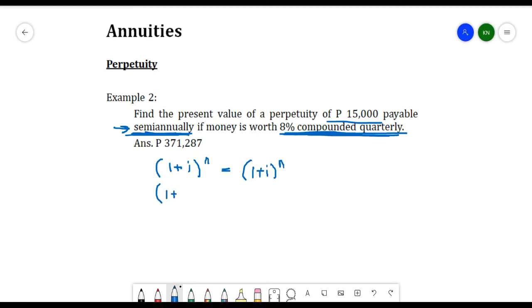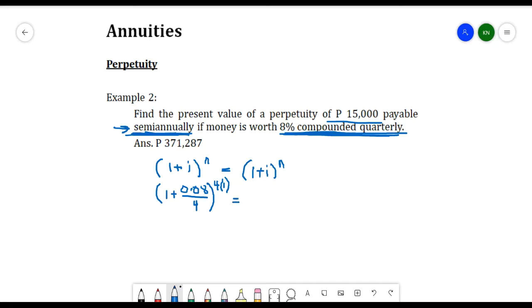And again, our interest compounded quarterly is 0.08. That is quarterly, so we need to divide it by 4. And our number of payments is quarterly, so we need to multiply our number of years by 4. Since it is not stated what our number of years is, that is automatically understood as 1. So since it is compounded quarterly, we need to multiply our number of payments by 4.